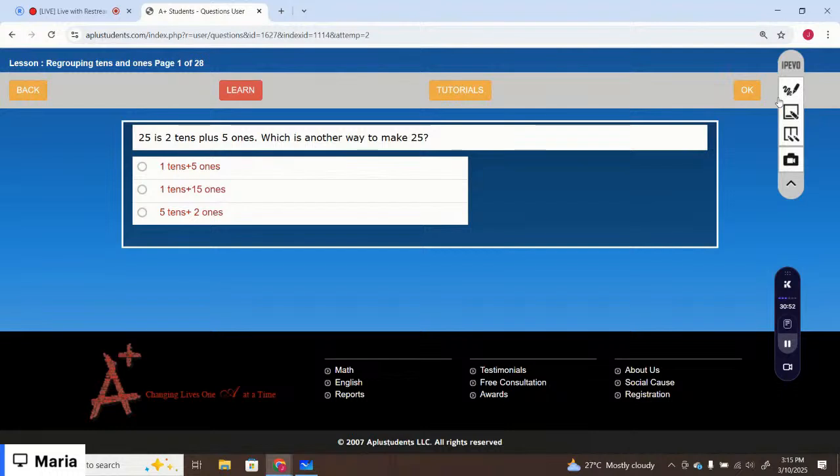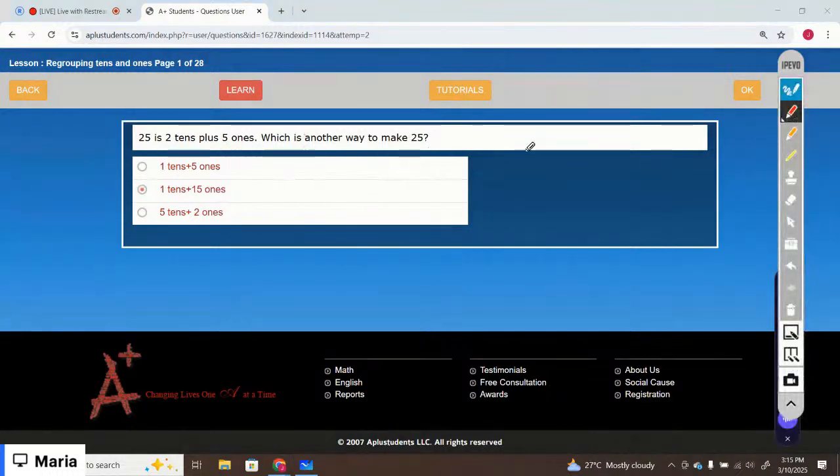So option number 2 is the correct option. How? So that is 1 ten and 15 ones. You can write 1 ten and 15 ones as 1 ten and 1 ten and 5 ones. 1 ten and 1 ten make 2 tens plus 5 ones. So 2 tens and 5 ones makes 25.